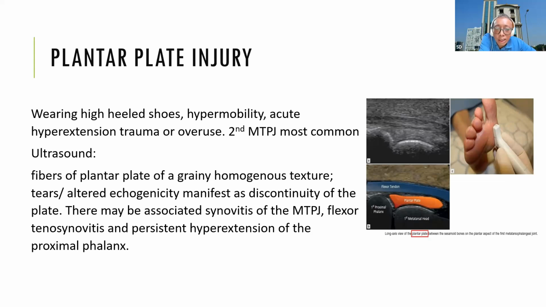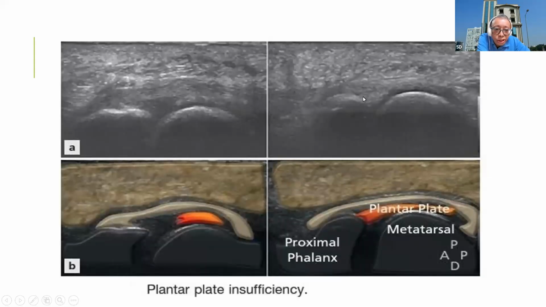If you see the ultrasound examination, this is the normal plantar plate where you can see a grainy, homogeneous echotexture of the plantar plate. But if you see the injury, this is the picture where there is a normal plantar plate on the right side and plantar plate injury on the left side. First let's see the right side of the picture, the normal picture.